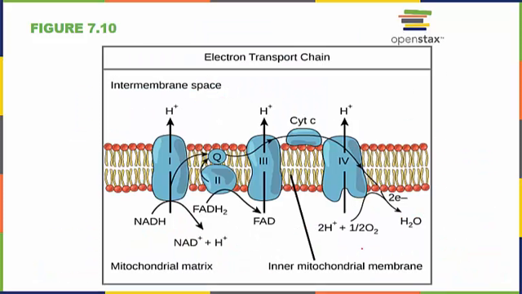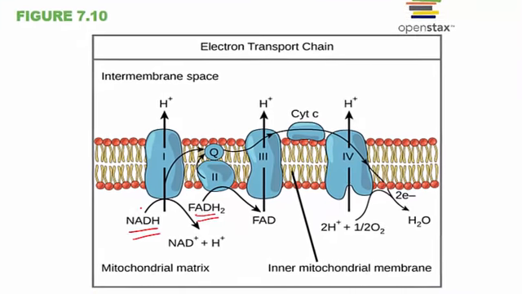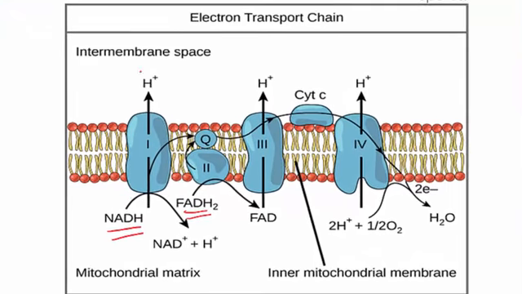All of those charged batteries end up inside of the mitochondrial matrix. Those charged batteries, NADH and FADH2, are going to feed into these protein structures that are sitting in the inner mitochondrial membrane, and they're going to pump all those free hydrogens that we've been collecting into the inner membrane space.